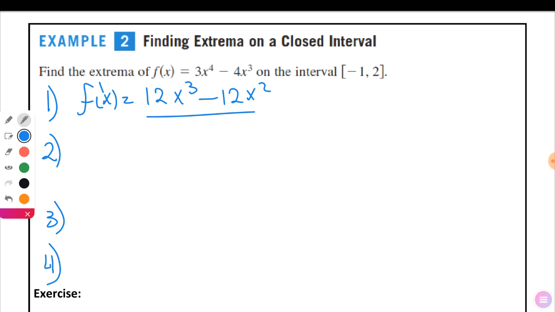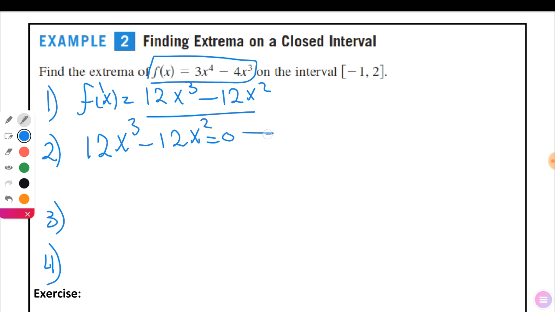But since we have a polynomial function, I'll find the zeros of the derivative. 12x to the power 3 minus 12x squared equals 0. Take 12x squared as a common factor: 12x squared times (x minus 1) equals 0.